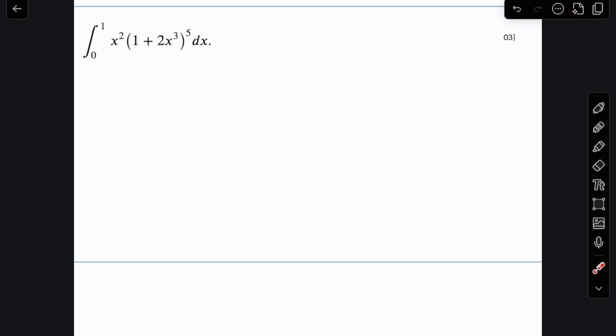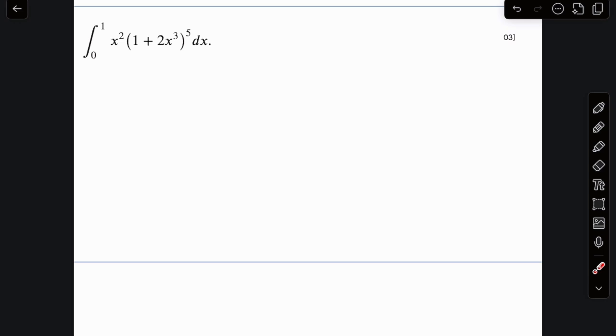Alright guys, so now we've got a scenario where we've got a definite integral. Similar concept, but at the same time a little bit different.